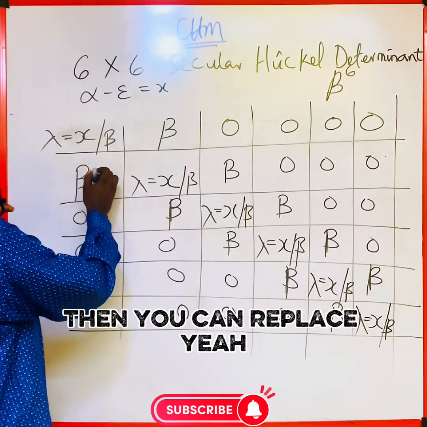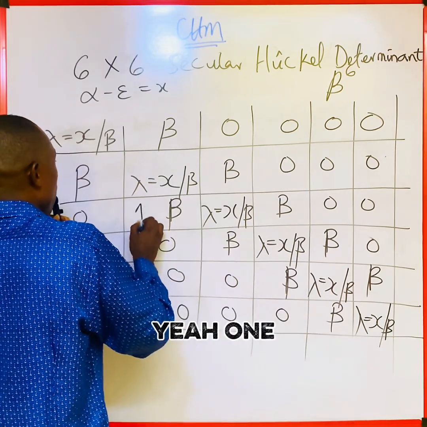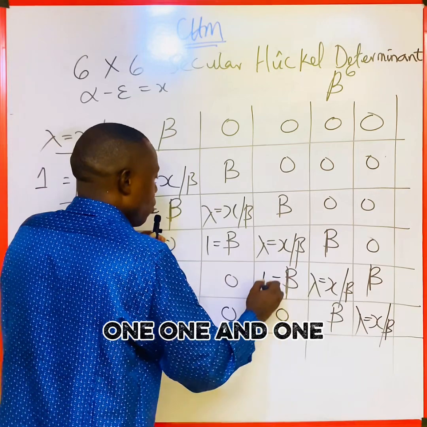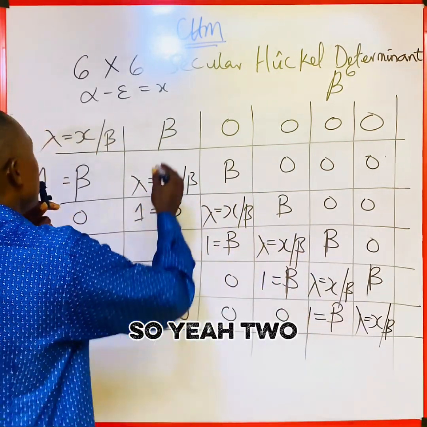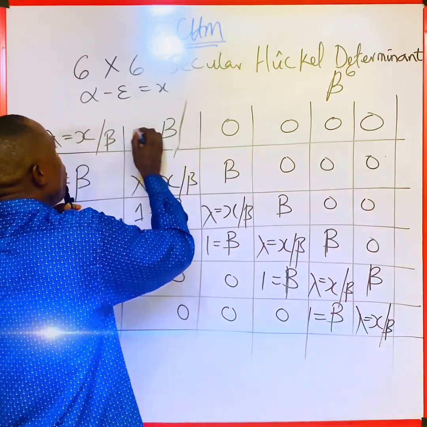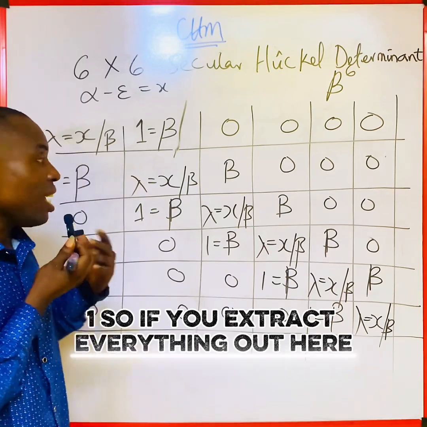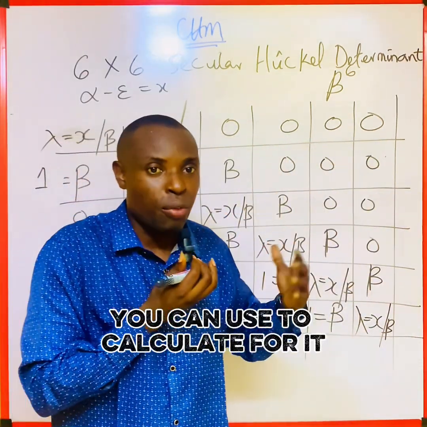Then you can replace the diagonal with X, and the neighbors with 1, 1, 1, and 1. So here too will be 1. If you extract everything out here, you will have the format you can use to calculate for it.